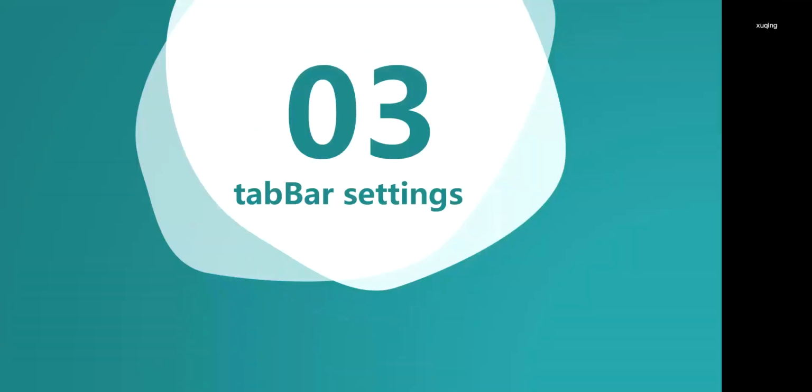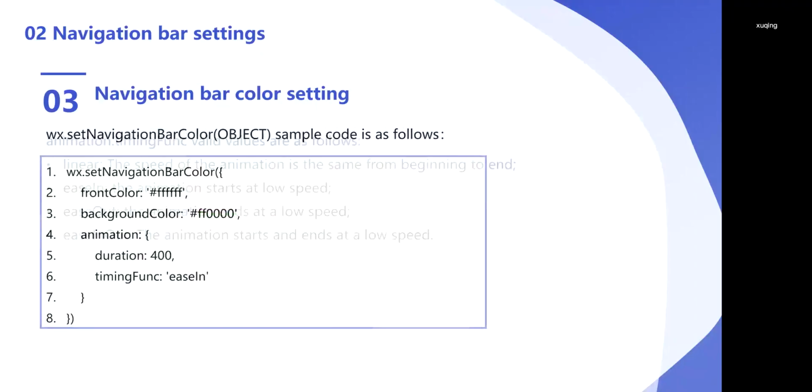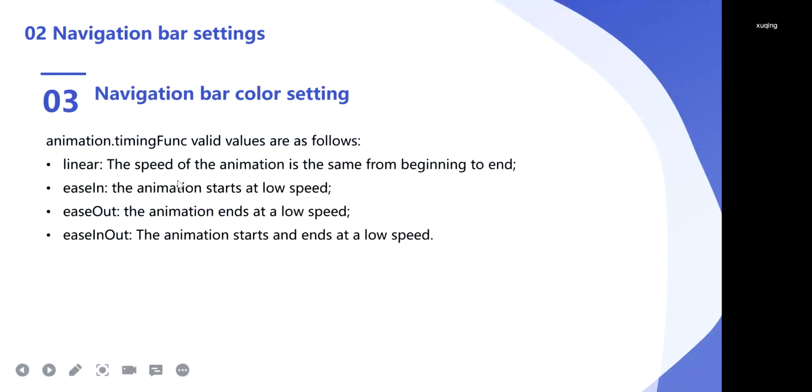Here we have noted these 4 valid values for this timing function. We have just these 4: linear, ease in, ease out, and ease in out. Oh, okay, Laoshi. Understood.